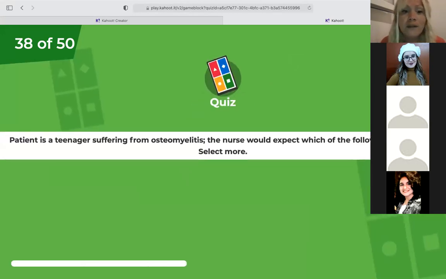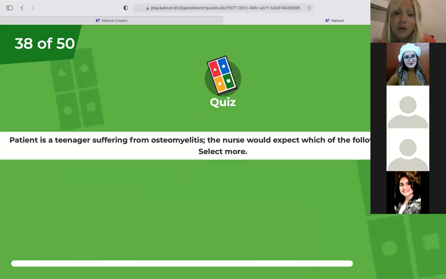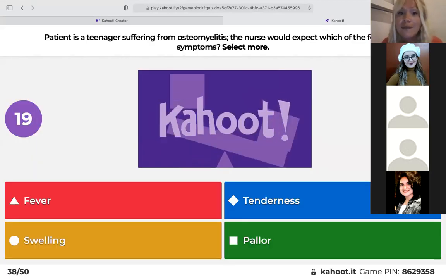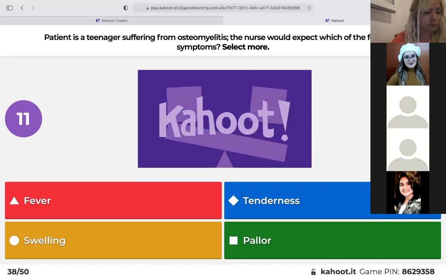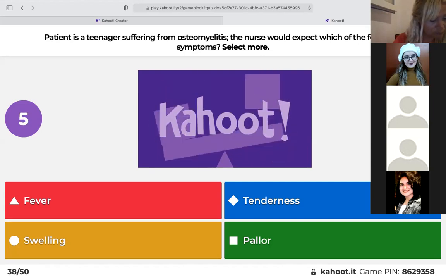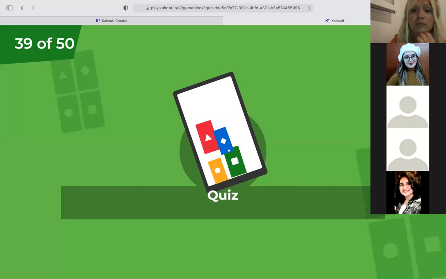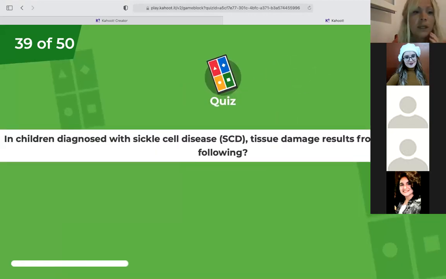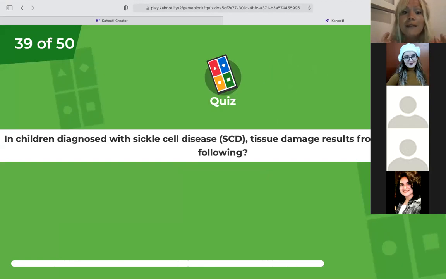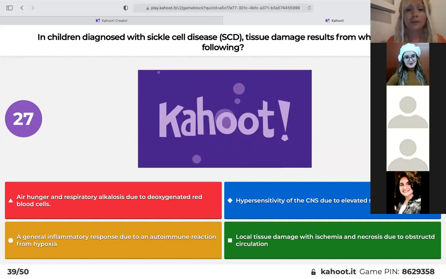A patient is a teenager suffering from osteomyelitis. The nurse would expect which of the following symptoms? Select more. In children diagnosed with sickle cell disease, tissue damage results from which of the following?